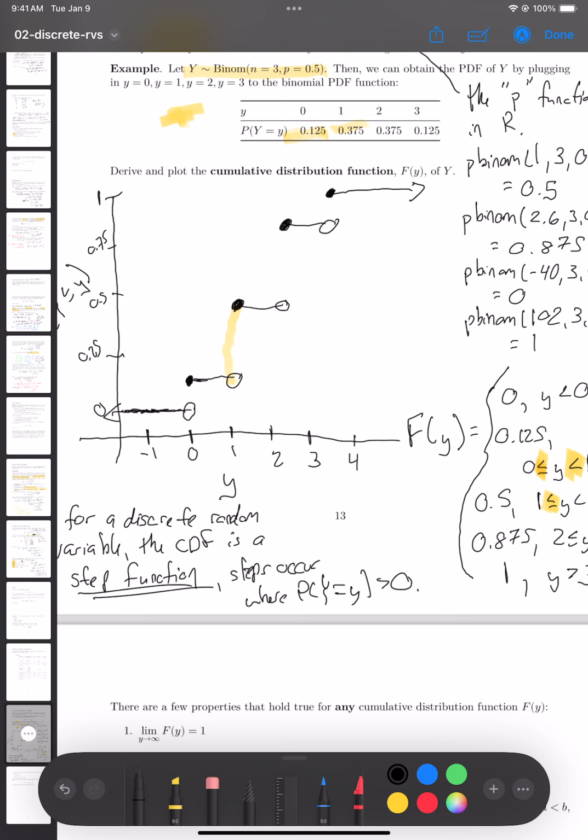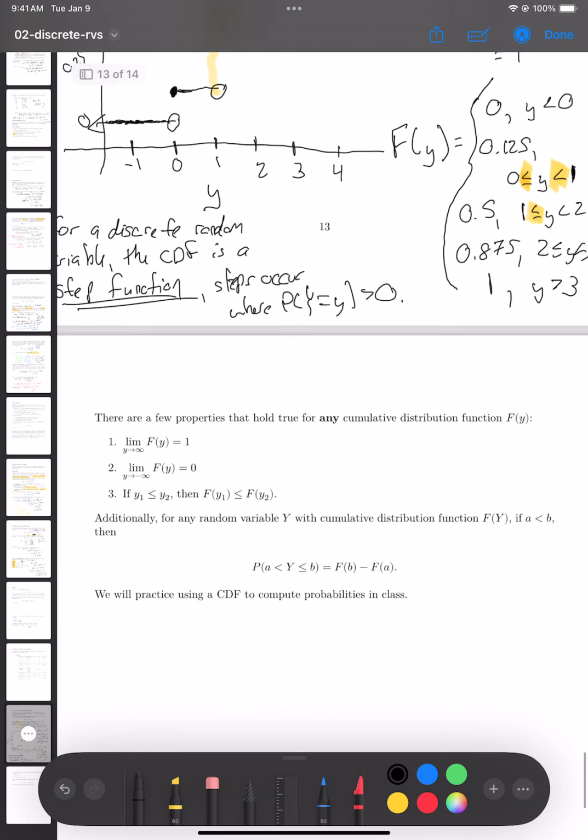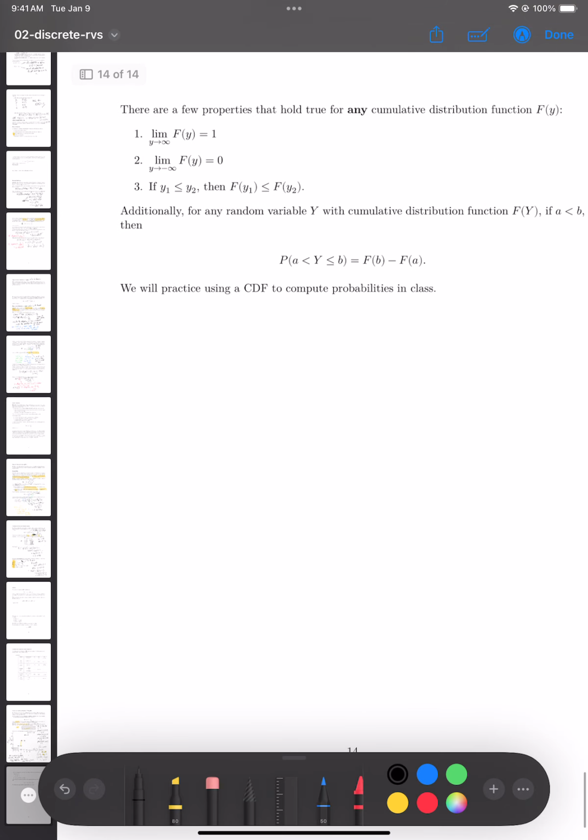In our graph, that happened pretty quickly, but the property says that eventually for any distribution, you'll get the CDF equal to 1. And as y goes to negative infinity, eventually the CDF will become 0. So eventually you reach a point where no probability has accumulated.